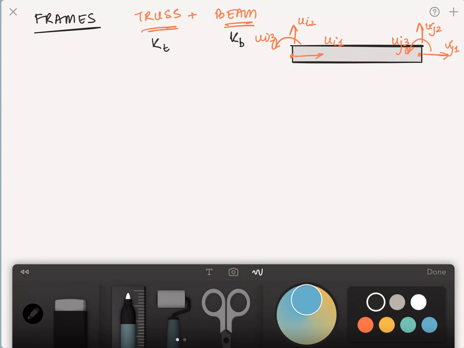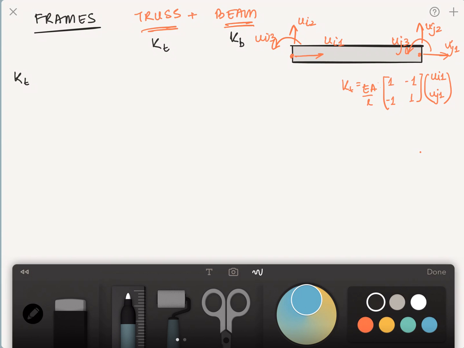So let's start by writing KT here. Now we know that the standard form of KT, I'm going to write it here, is given as K times [1, -1; -1, 1], where there is only 1 degree of freedom. That means if there was only UI1 and UJ1, this would work perfectly fine. And then too, I do not want to use K here, but I want to use EA by L as the stiffness.